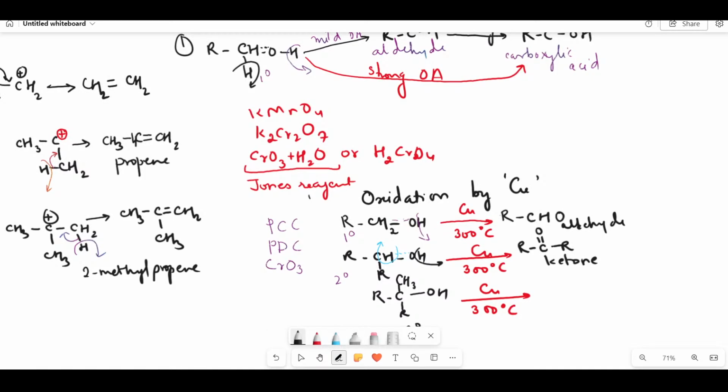Now here, it is a 3-degree alcohol. Here what happens? This CH3, once again I'll open it and write it.